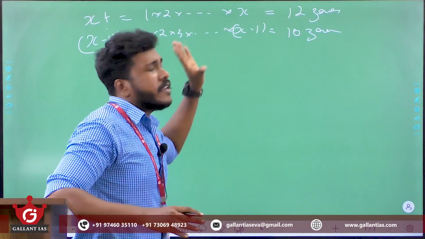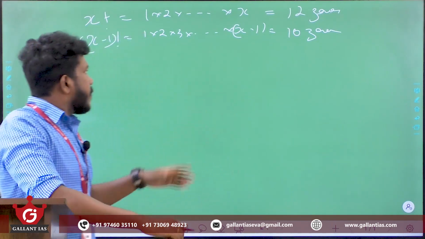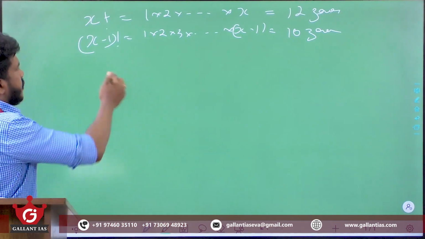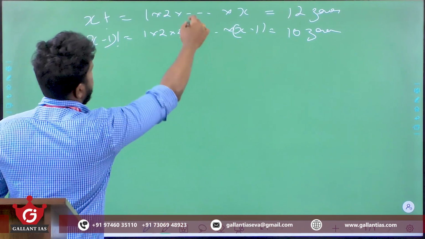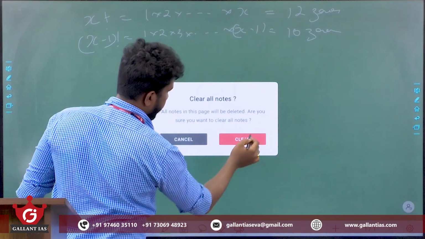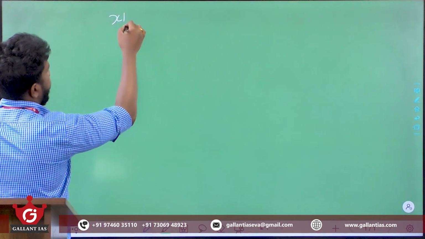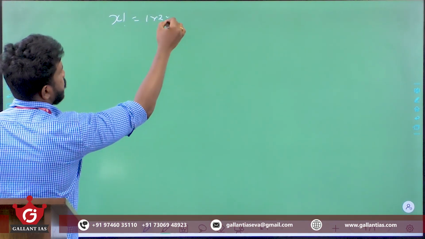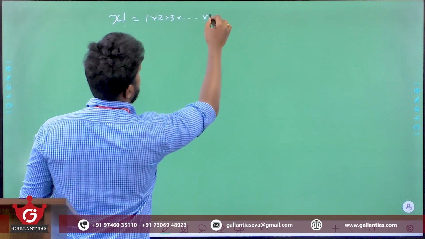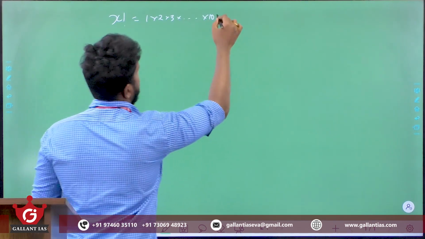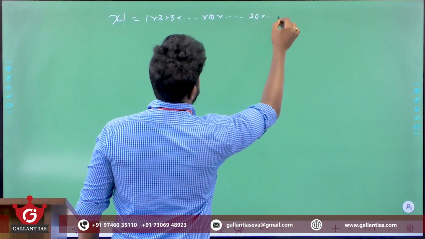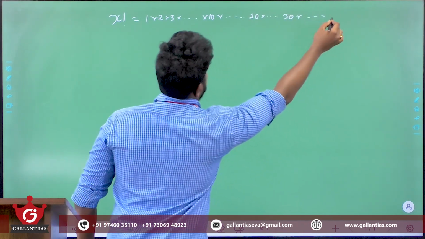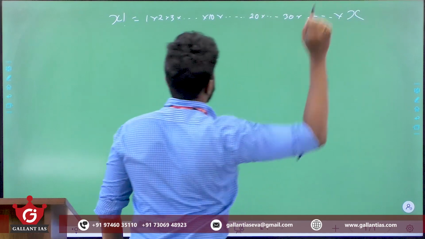So first I am checking how many zeros there are in x factorial, 1 into 2 into 3 into etc. into 10 into etc. into 20 into etc. into 30, likewise into x.